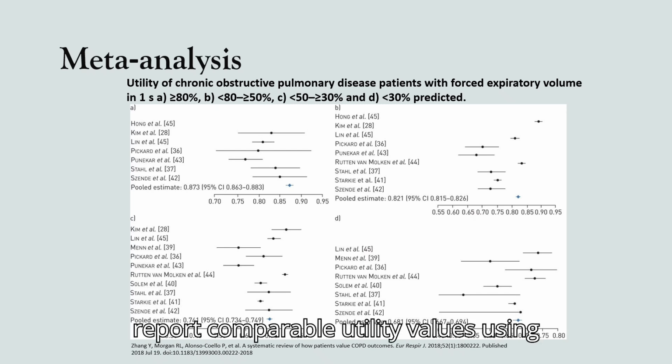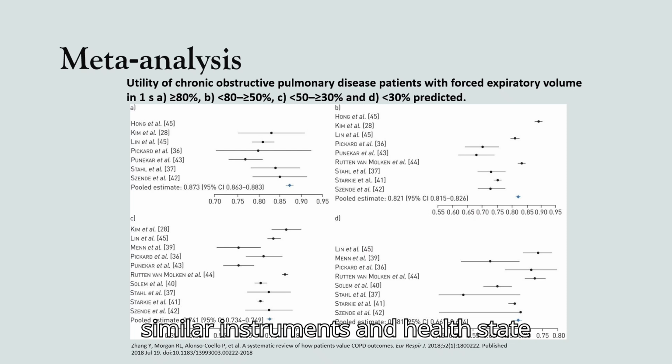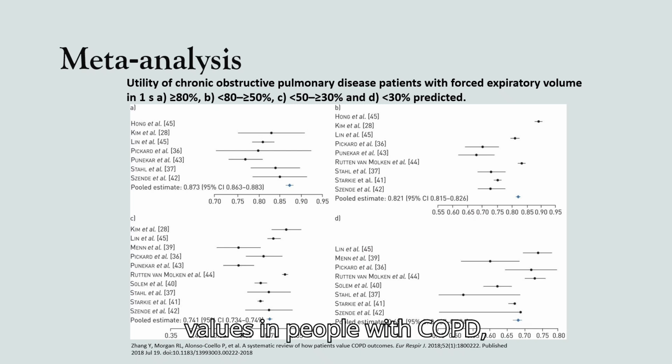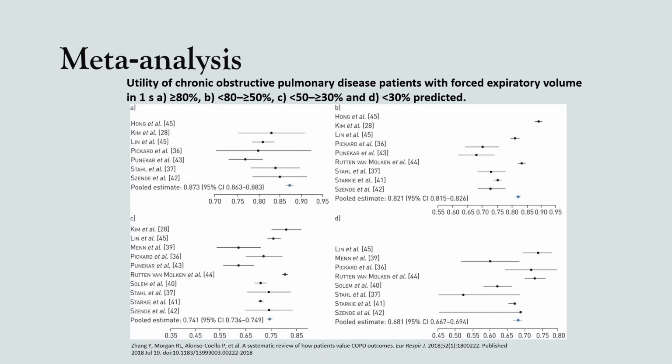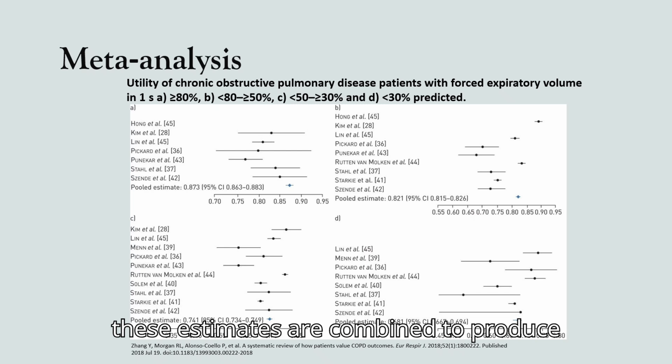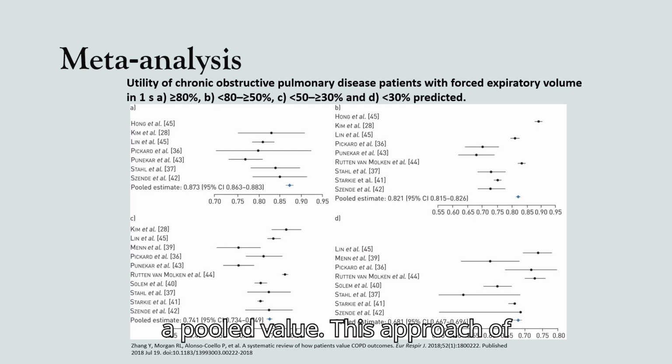For example, when studies report comparable utility values using similar instruments and health state definitions, we can statistically pool the results. This slide shows an example of a meta-analysis of utility values in people with COPD, grouped by disease severity. Each study provides an estimate of how patients value their health states, and these estimates are combined to produce a pooled value.